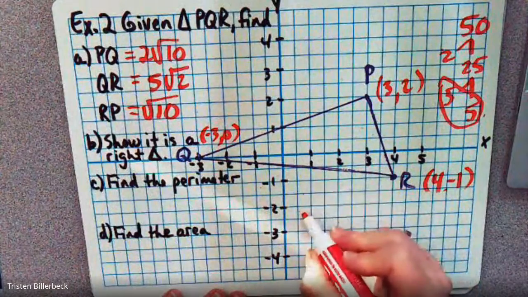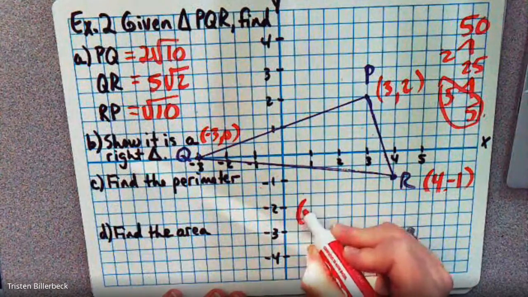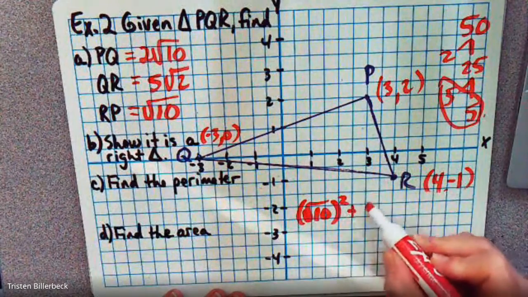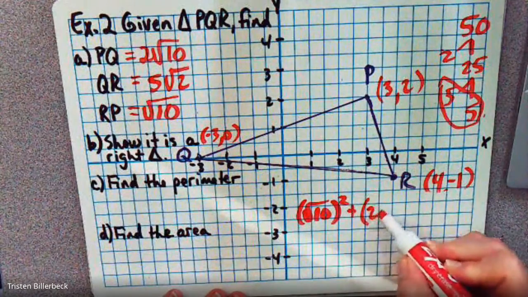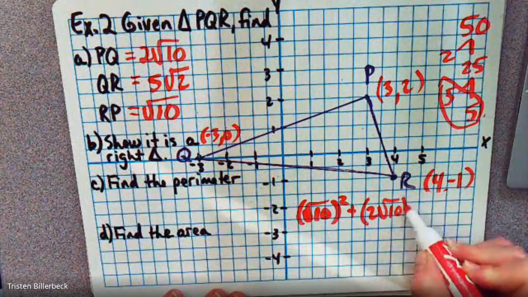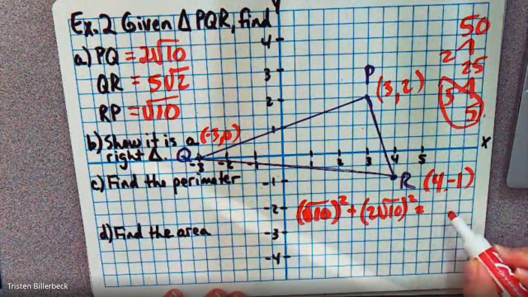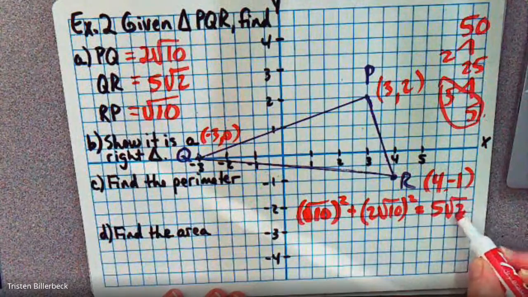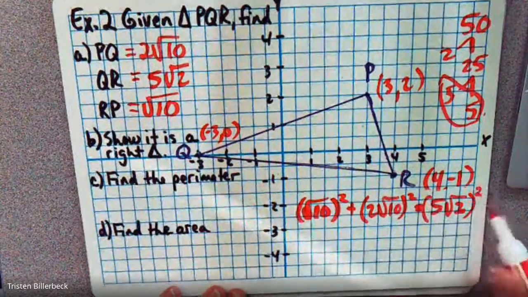So we're going to do the square root of 10 squared plus 2 square root of 10 squared should equal 5 square root of 2 squared.